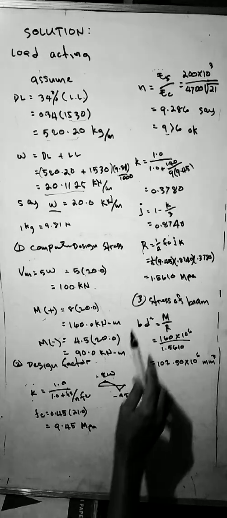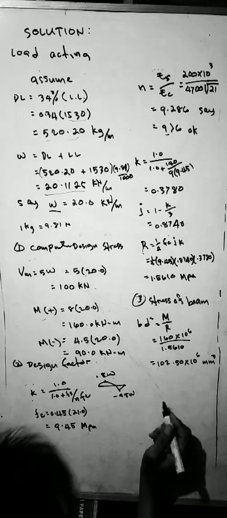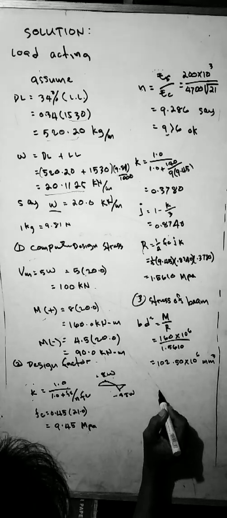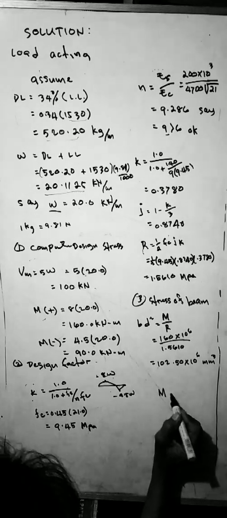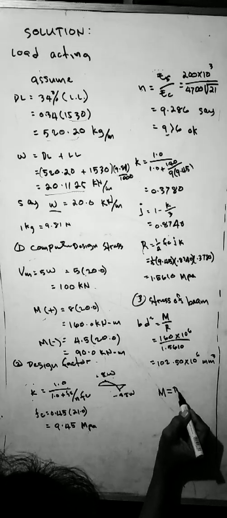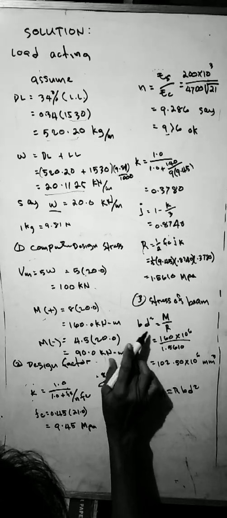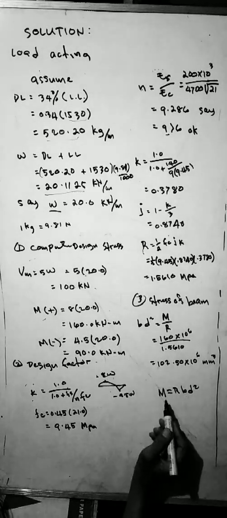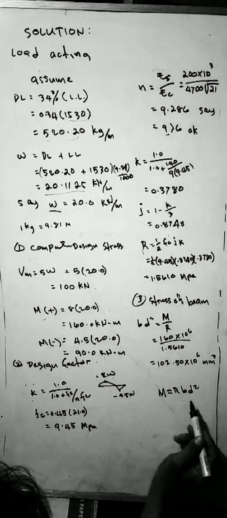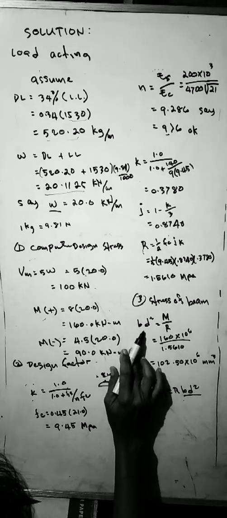Okay. Number 3 is stress of beam. I do not know if you remember, the stress of the beam is M equal to R b d squared. Actually, this equation is from here. But since we need this one, we transfer this into this equation.